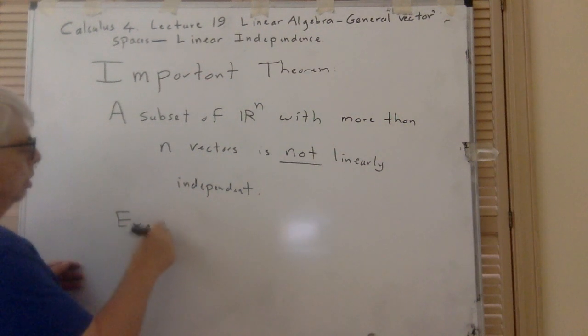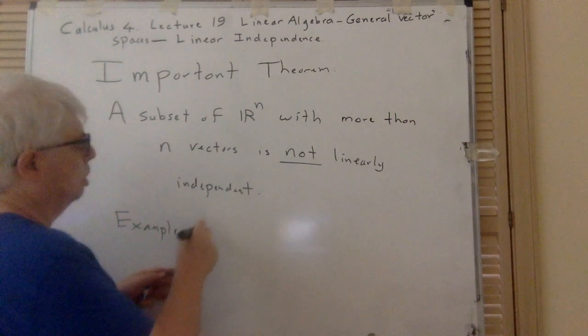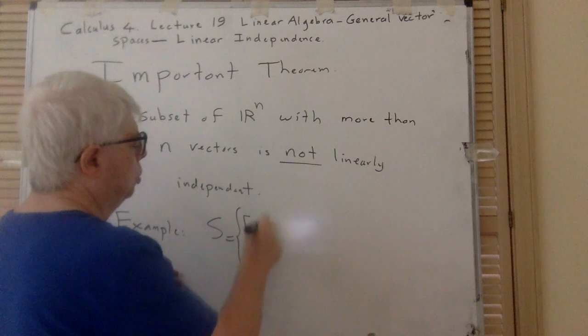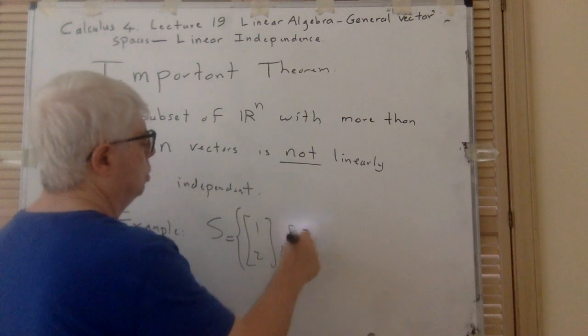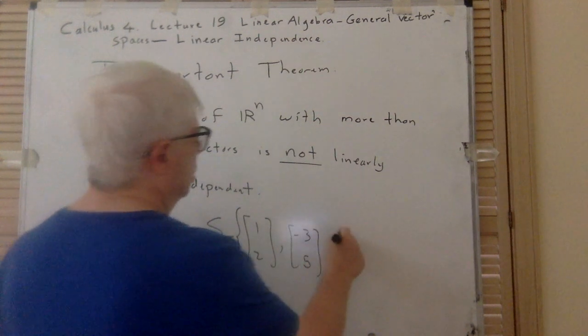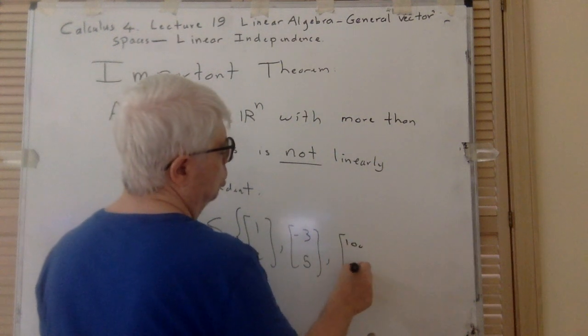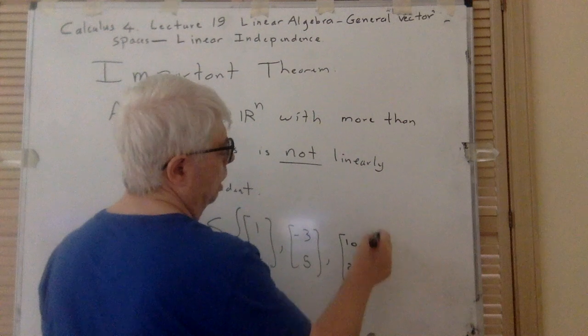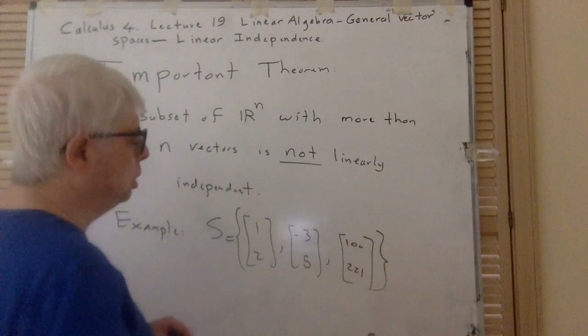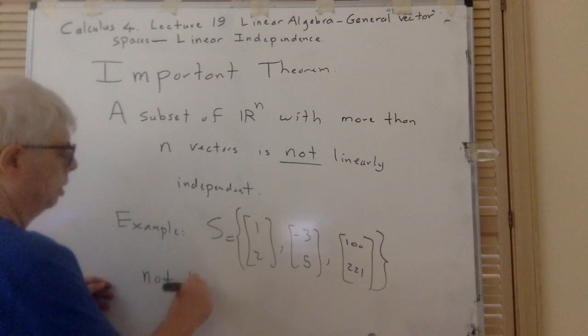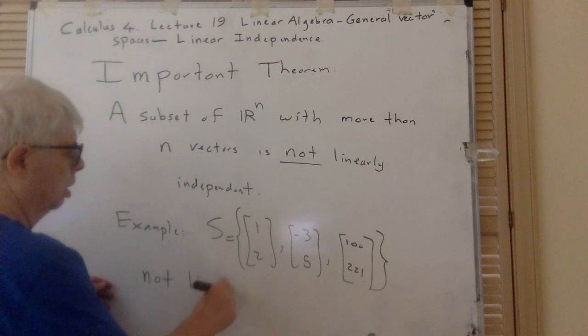Example. Just let's say S is just dimension 2. 1, 2, say 3, 5, for example. And the third one, 100, 221, something. This is not linearly independent.